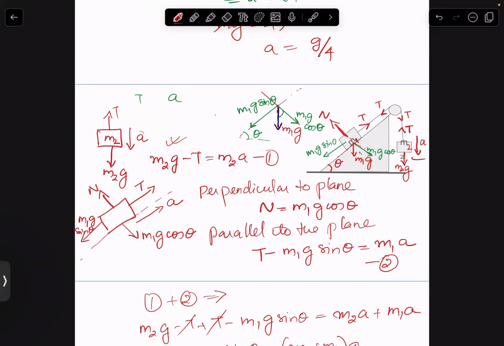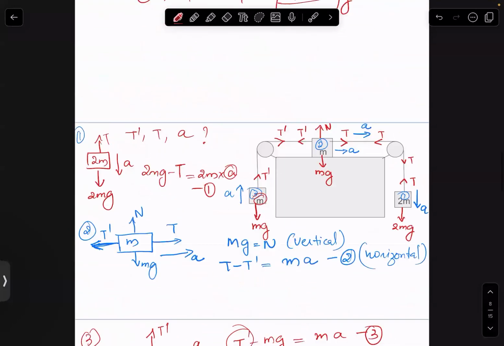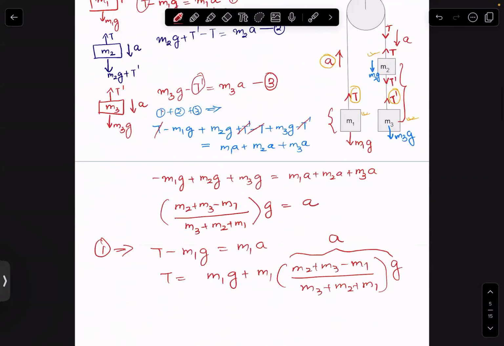That is very essential, so that you can equate the respective components in the same direction to 0 if it is in equilibrium, or if it is moving, to mass times acceleration. And the third thing is there are these fundamental equations that we have derived earlier.